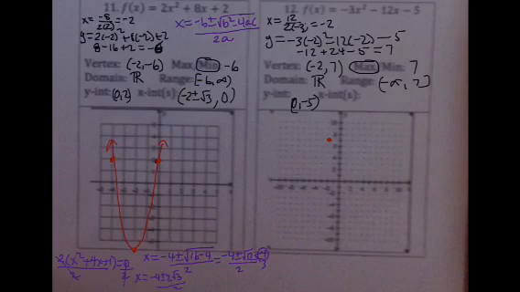And then the y-intercept is 0, negative 5. And because of symmetry, we know that at negative 4, negative 5, there we have the other point. And that's basically all you need to graph this quadratic.